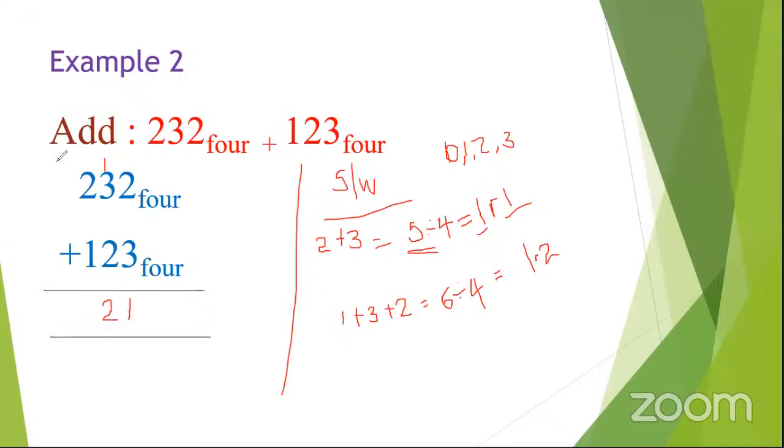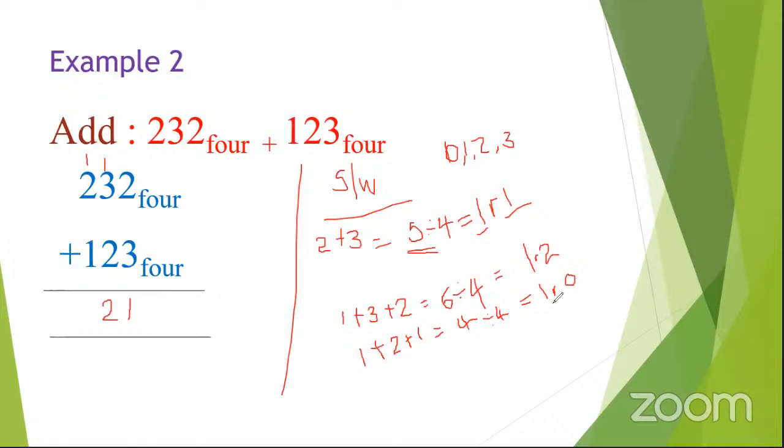Then the whole number is regrouped. So we shall have 1 plus 2 plus 1, which will give us answer 4. But remember, 4 is not written in that base, so we shall divide it by 4 still. 4 divided by 4 gives us one whole number, remainder 0.